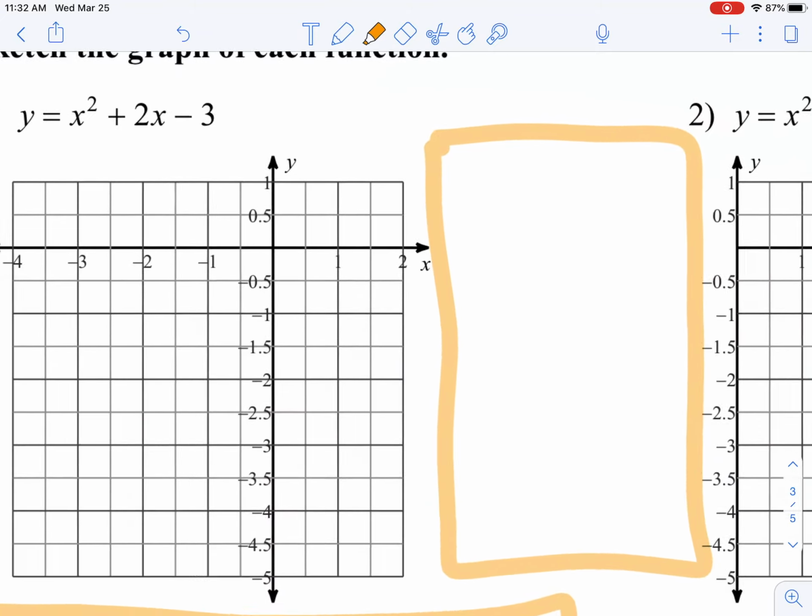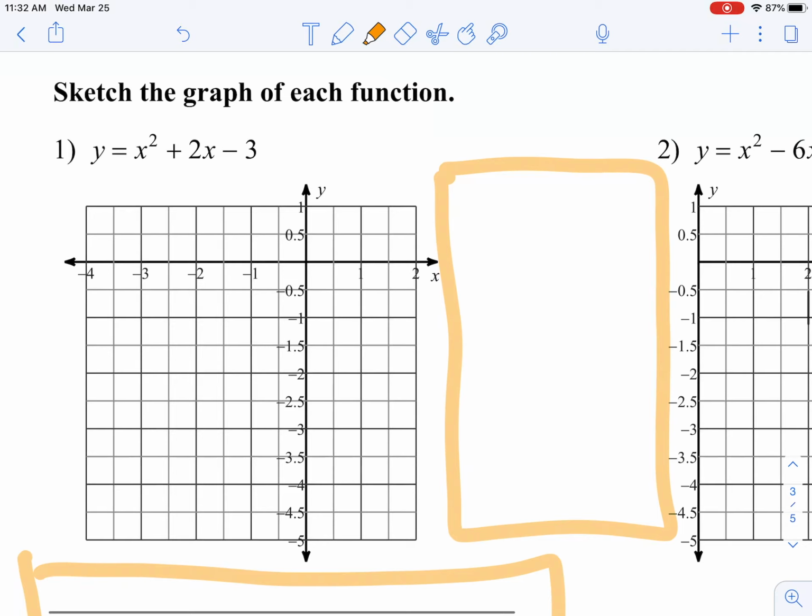When we're working with our vertex, we know that we're going to have v equals some two numbers. We know that we have to do negative b over 2 times a, and that we are going to take whatever number that is and plug it in for x.